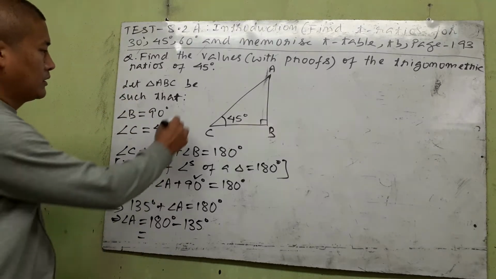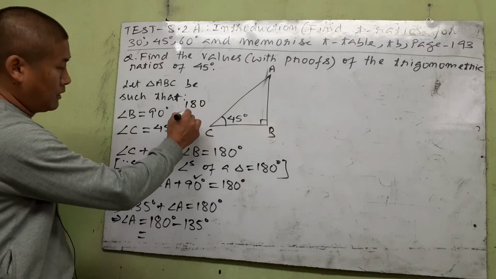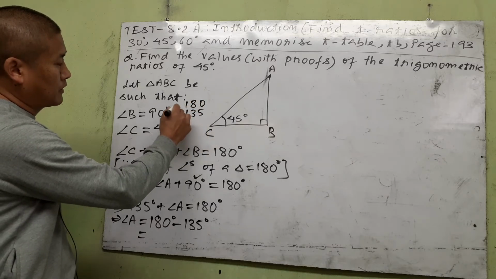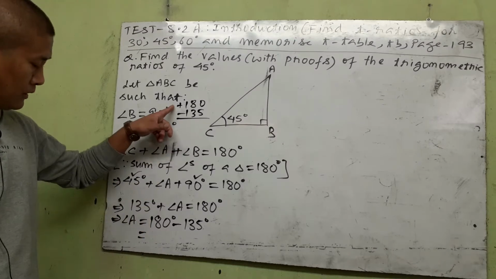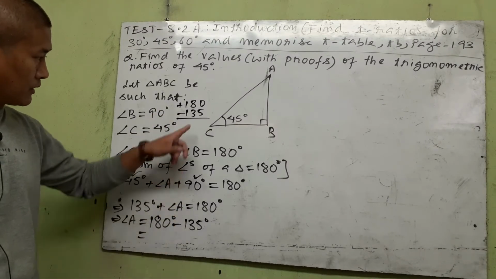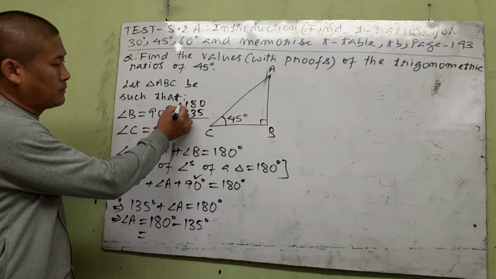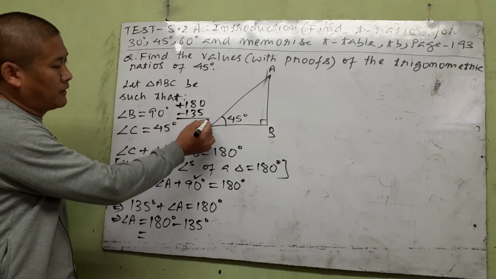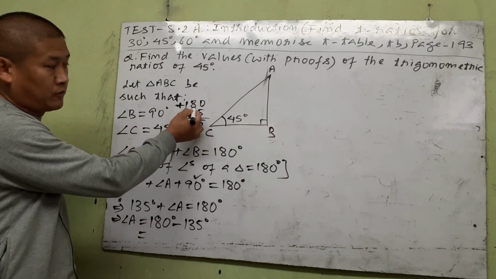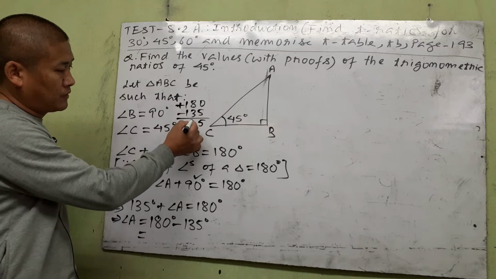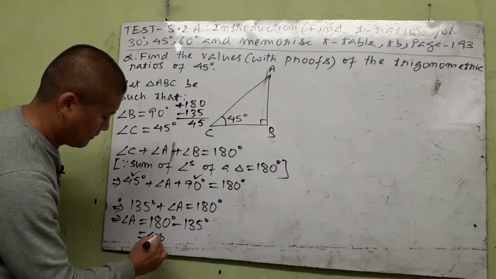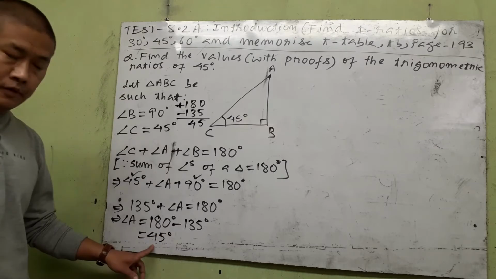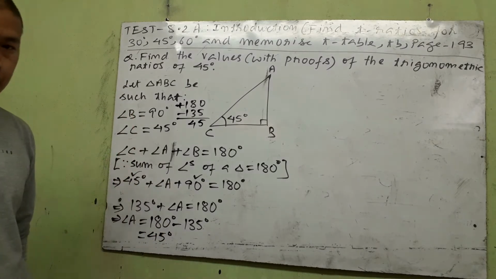So 135 subtracted from 180, plus 180 and minus 135, means subtraction. 10 minus 5, 5. 1 borrowed to make it 10, so 7 minus 3 is 4. So we found that angle A is also 45 degree, just as C is 45.